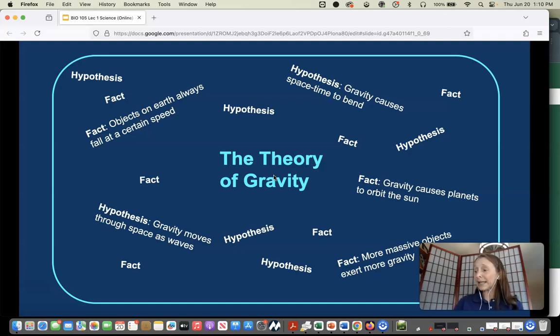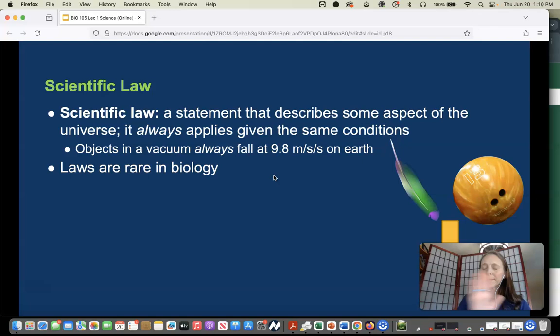And the reason that it is a theory is that all of the hypotheses and all of the facts that we have in science at this point in time support the theory of evolution by natural selection. So we'll talk more about that if you don't know what it is, but we'll get into that a little more later. I know I'm getting a little off topic here.